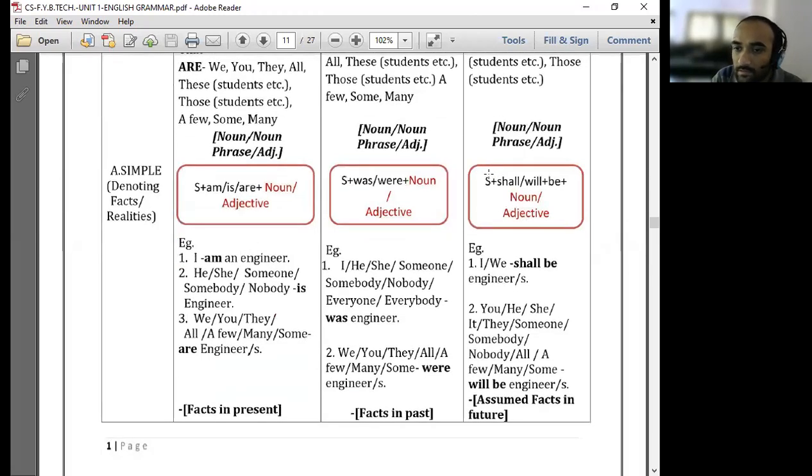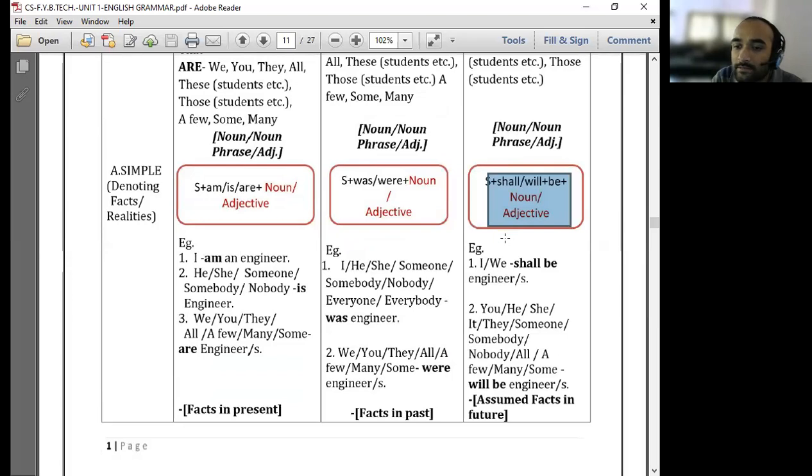The structure for the formation of the sentence in the simple future tense is subject plus shall be or will be plus noun or adjective.